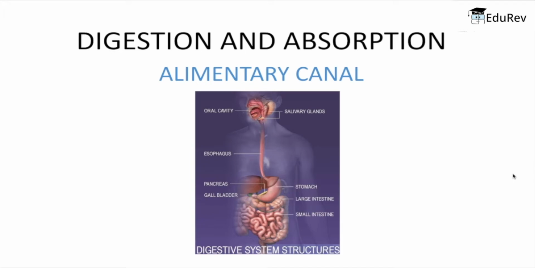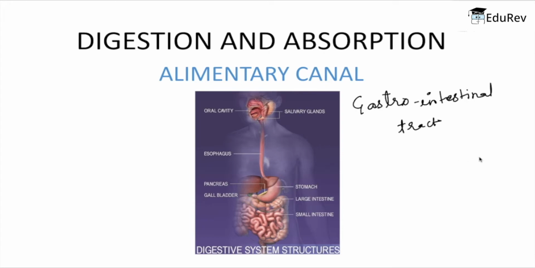So to digest these carbohydrates and proteins, our body relies on the gastrointestinal tract, which is also known as the alimentary canal. So if a question comes by the name of gastrointestinal tract, you don't have to get confused, because it is only the alimentary canal we are talking about.